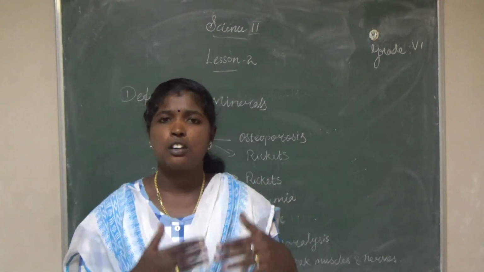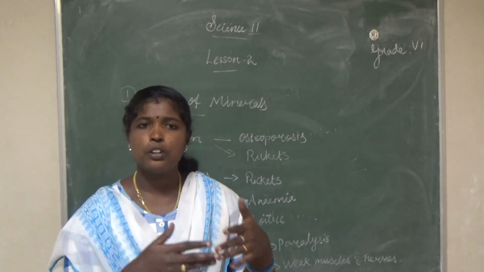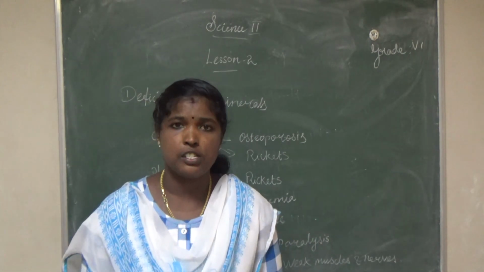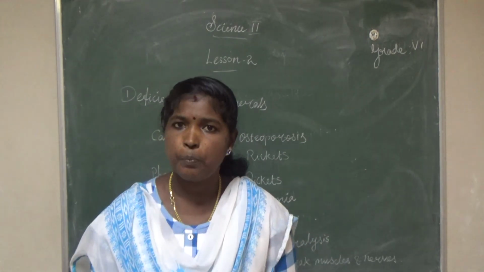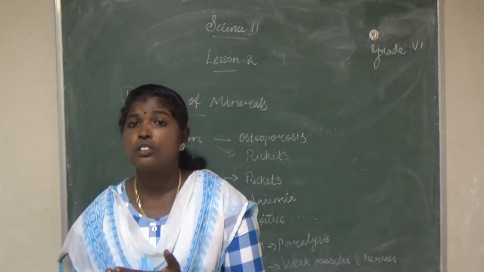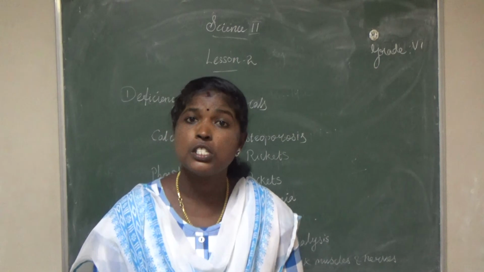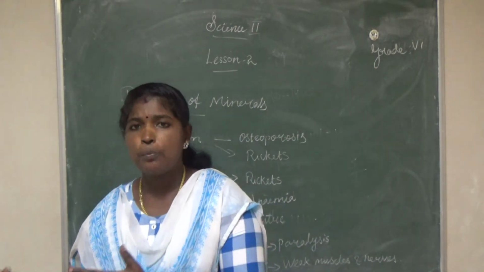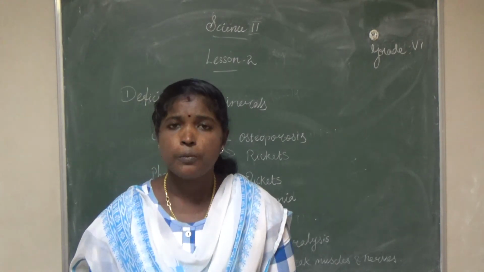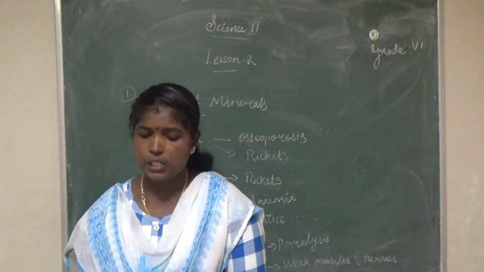First, carbohydrate deficiency. Lack of carbohydrates in the diet leads to lack of stamina, lack of energy. Then deficiency of protein. Deficiency of protein in our diet leads to kwashiorkor. Deficiency of protein along with carbohydrates is called protein energy malnutrition. It leads to marasmus.